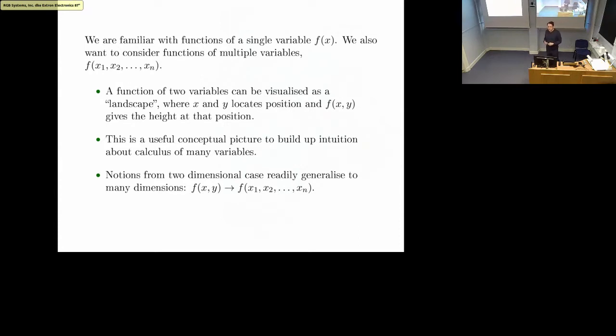We can visualize a function of two variables as a landscape where x and y gives your position, and the quantity f of x and y gives the height of that position. And so we're going to use this sort of picture today to build up our intuition about the mathematics of functions of many variables, and when we do this, we'll be able to generalize it more easily.